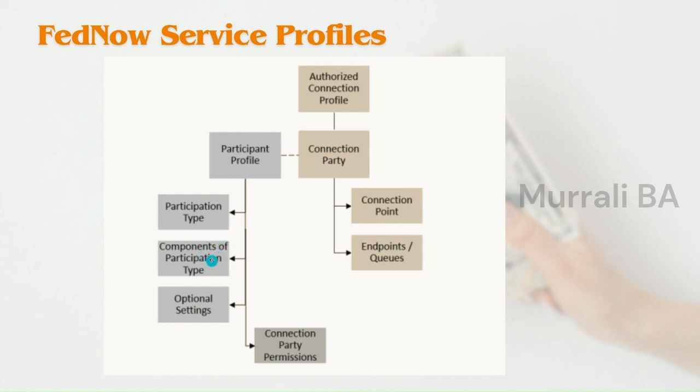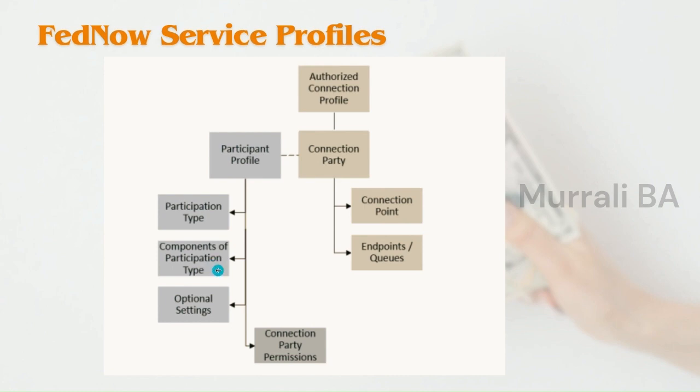The second part is the components of participation type. Let's say your bank chose to play the role of customer credit transfer send and receive, which means your bank can send PAX8 messages and also receive PAX8 or PAX4 messages. In such cases, your bank is allowed to have a set of configurations, like limiting the outward transaction limit.